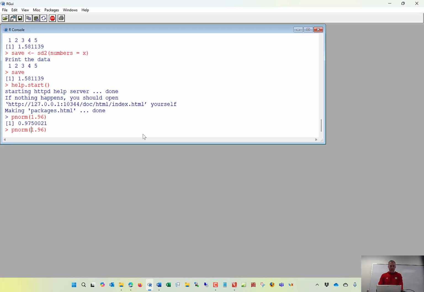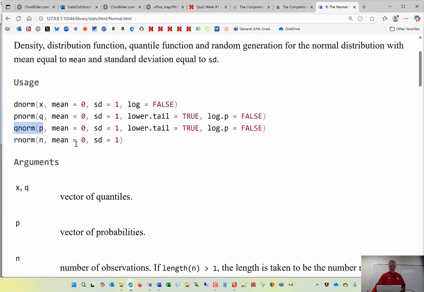If I wanted to, I could have put pnorm q equal 1.96 to be specific. That indeed, I'm talking about that quantile, 1.96, and I want to find the corresponding probability associated with it. Now notice here as well, I have some other arguments listed that I did not include.